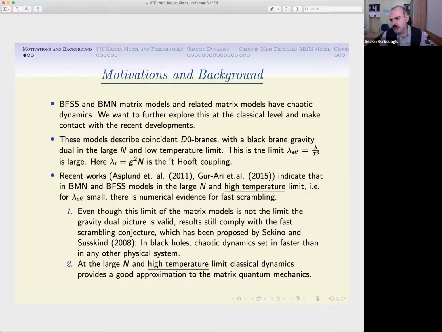These are gauge theories which are supposed to describe non-perturbatively the dynamics of M theory. Of course, they are extremely hard to solve and nobody has solved these matrix models as of yet. But there are various ways of obtaining some information and trying to understand the dynamics of these models.